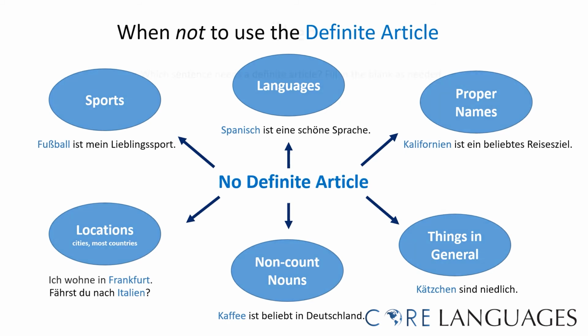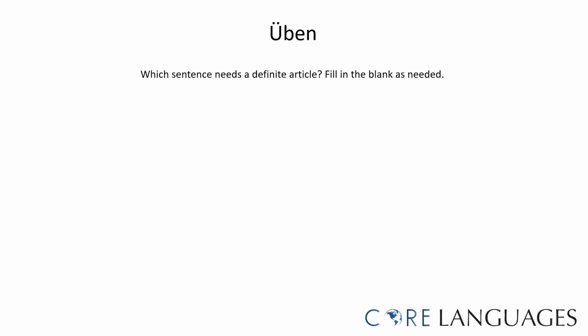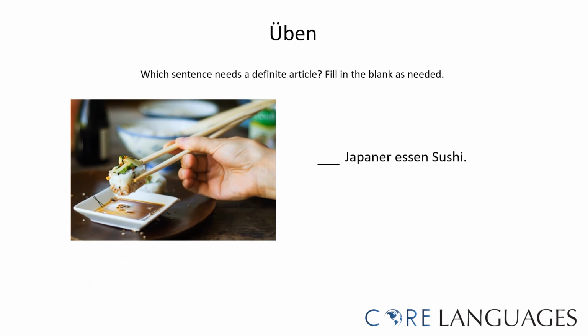Let's practice. Üben. Look at the following two examples and try to determine whether the sentence needs a definite article or no article. Japaner essen Sushi. The Japanese eat sushi.